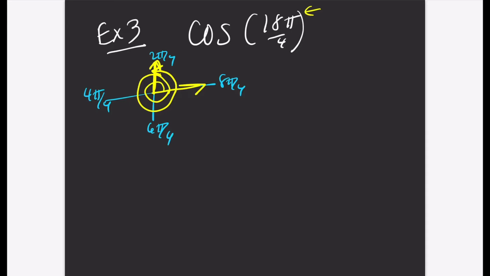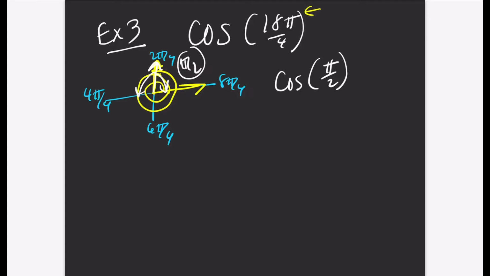So let's find our reference angle, the angle from the terminal side to the closest x-axis. So in this problem, it's either this one or this one, which is 90 degrees, or in other words, pi over 2. So we're doing the cosine of pi over 2.